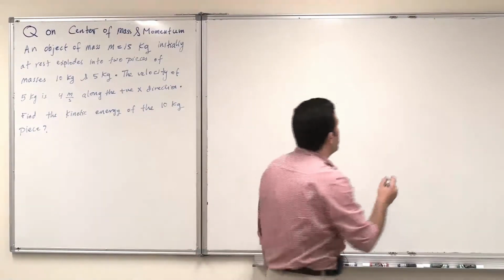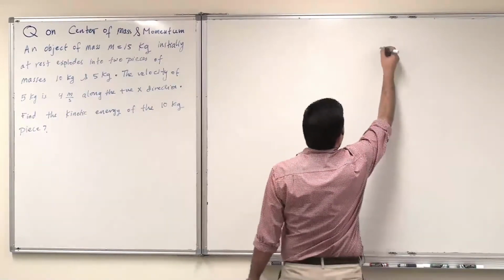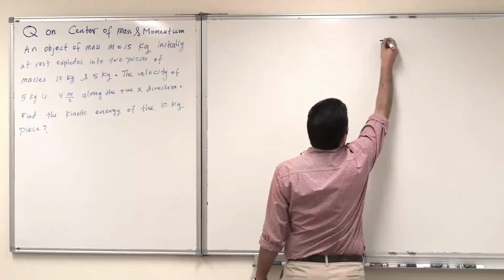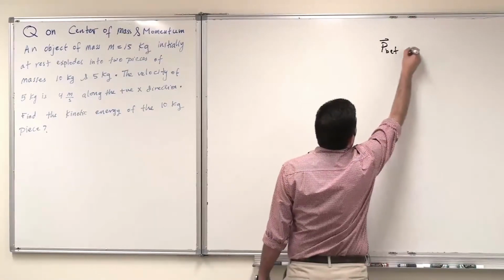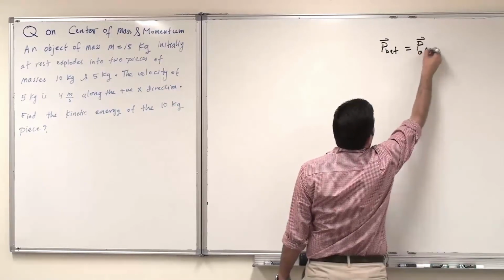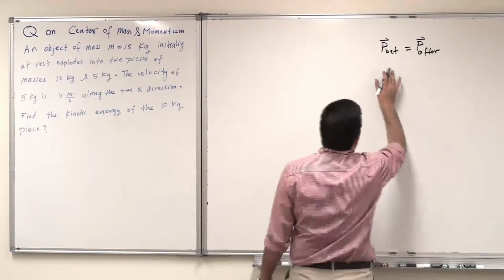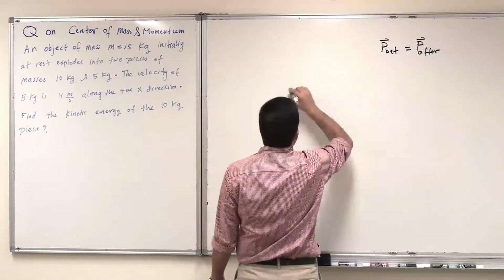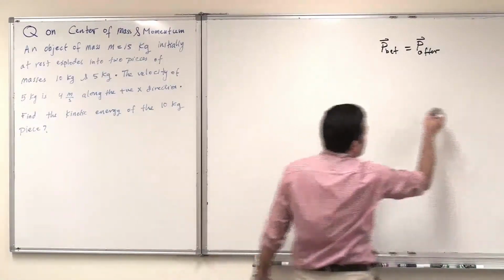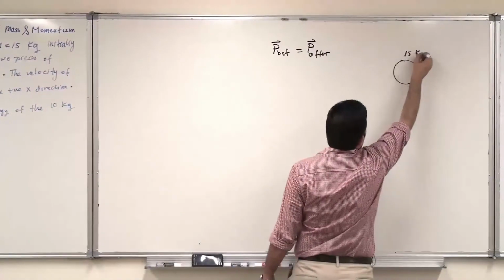So this is basically similar to a collision, but in reverse, which means explosion. So we can say that P before, according to conservation of momentum, should equal P after. Initially, we have one object, so we can make a simple drawing. This object is made of 15 kilograms.